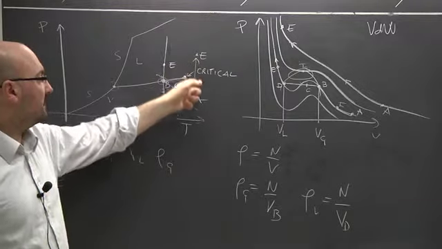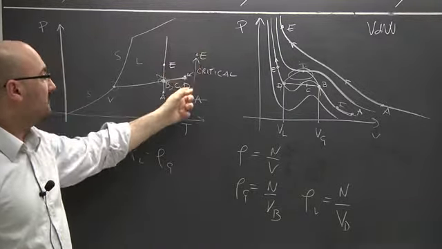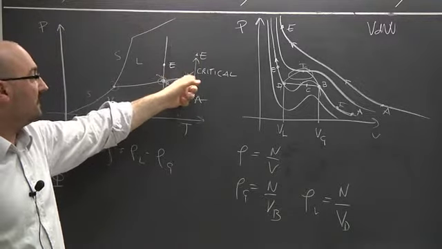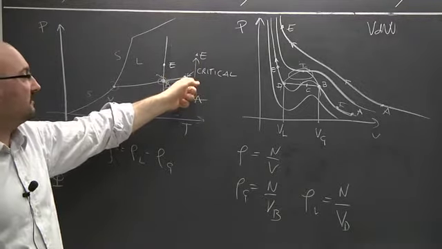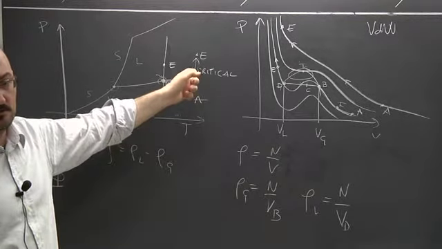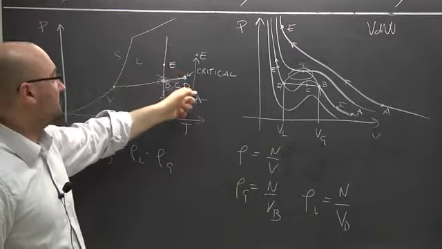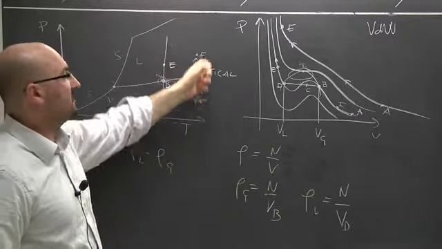At this point here, all the derivatives are continuous. Exactly at the critical point, we will see that the first derivative becomes continuous, but the second derivative has a discontinuity. Okay, so this is called the first order phase transition. This is called the second order phase transition. Here, there is no phase transition.